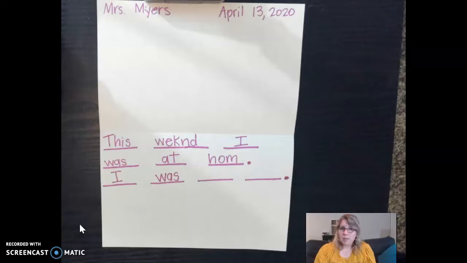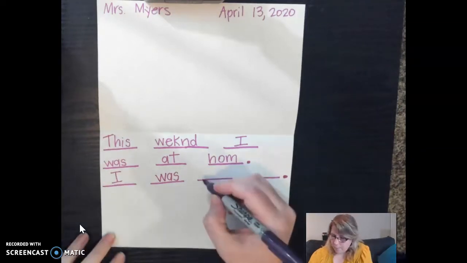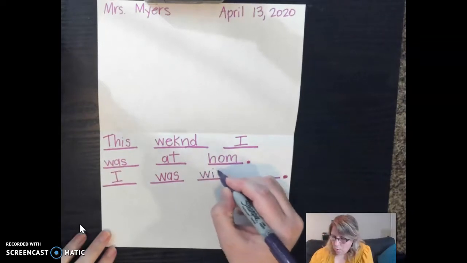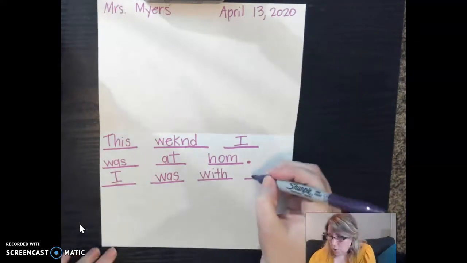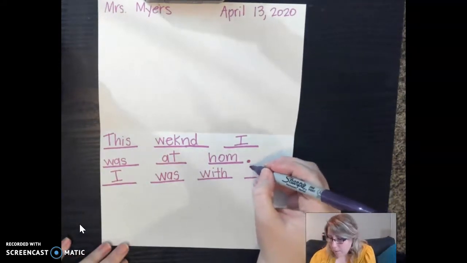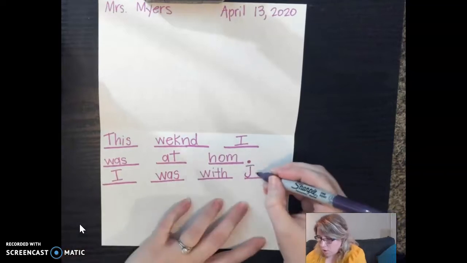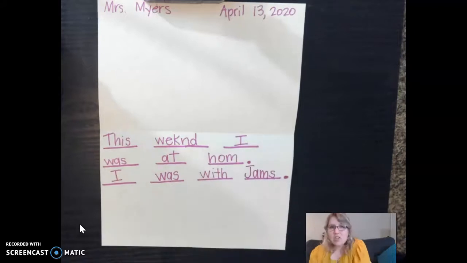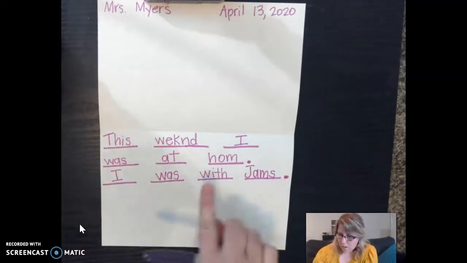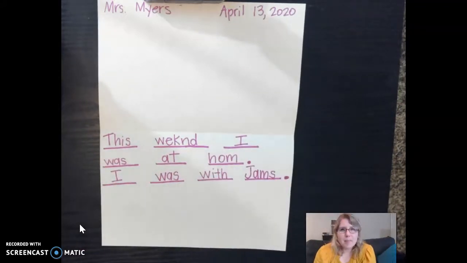Now with is also a sight word. W-I-T-H. With. Now I need to stretch James. So since that's his name, I'm going to draw a capital J. J-A-M-S. James. I was with James.